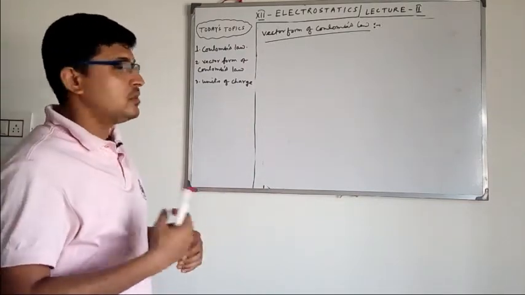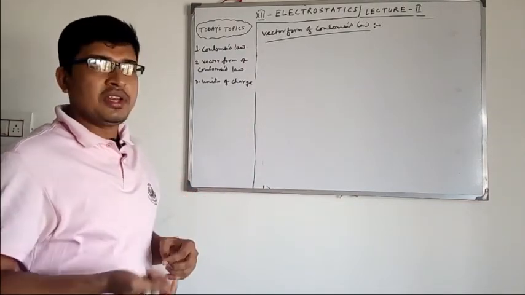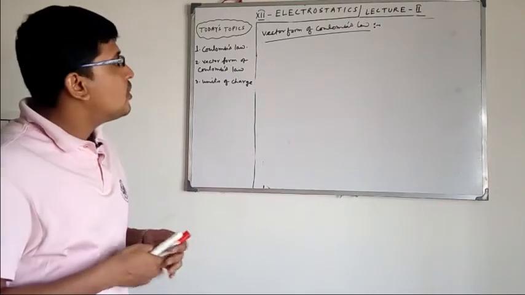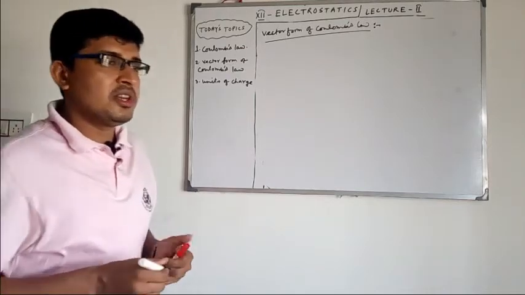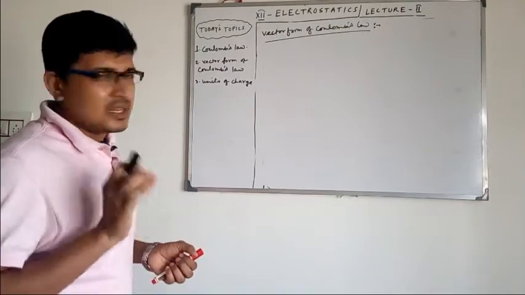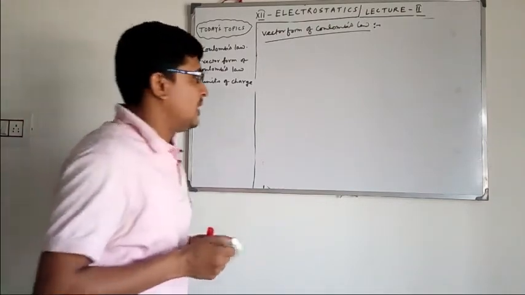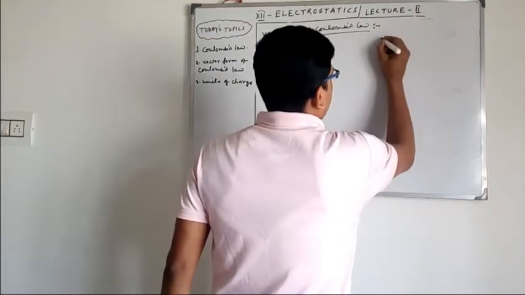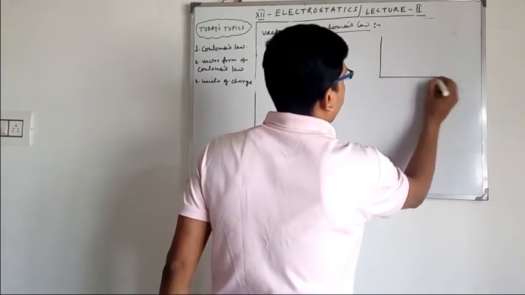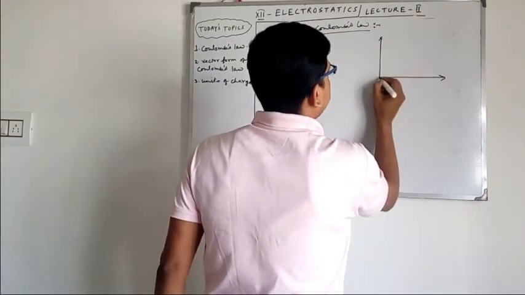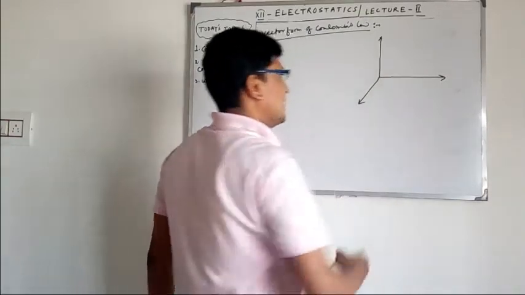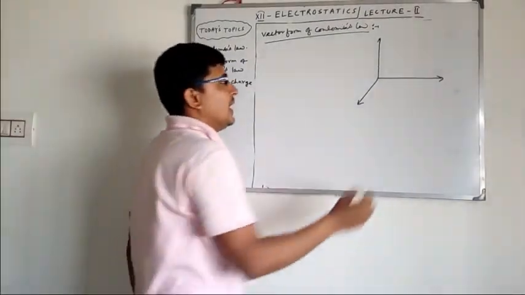That is why we express Coulomb's law in vector notation. First we should take a Cartesian coordinate system. It's a very simple conception and we use a very simple knowledge of vector. This is the Cartesian coordinate system.